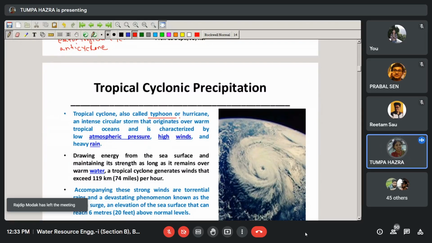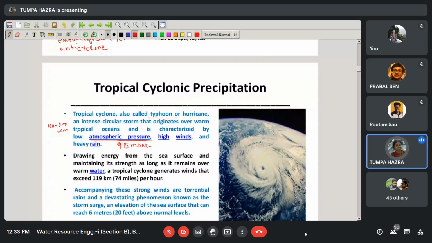Okay, and it is also created in the open tropical ocean, and is characterized by low atmospheric pressure. I already have told you, around 915 millibar, and strong circular winds. Okay, and the areal extent of this cyclone is very high, 100 to 200 kilometer.